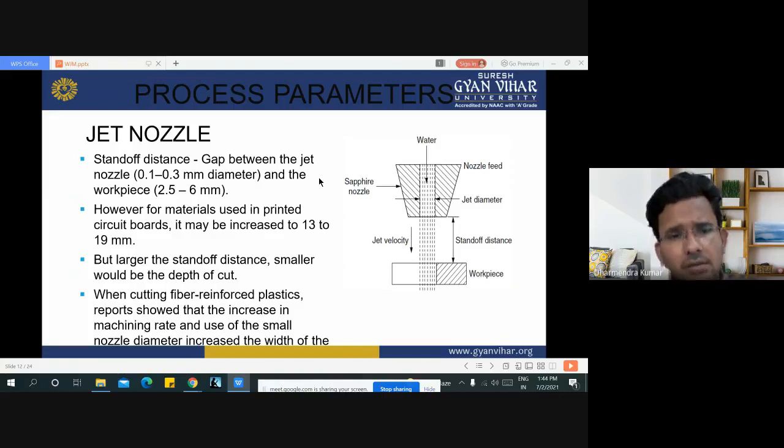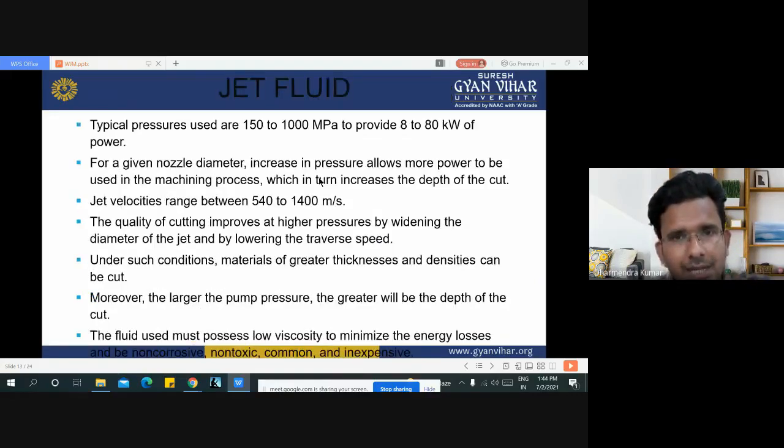When cutting fiber reinforced plastic, reports showed an increase in machining rate, and the use of a small nozzle diameter increases the width of the workpiece. Here are some characteristics of the jet fluid which we are using in the water jet machining process or liquid jet machining process.